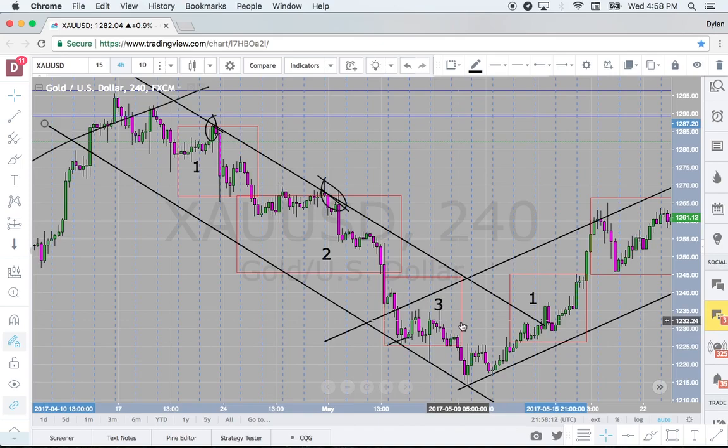Okay, let's look to sell as retail traders at this level, the next hit on this trend line. So what does the market do?